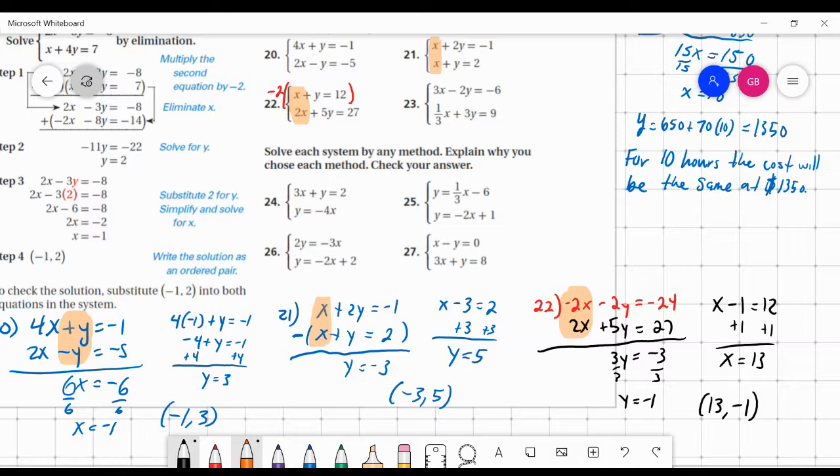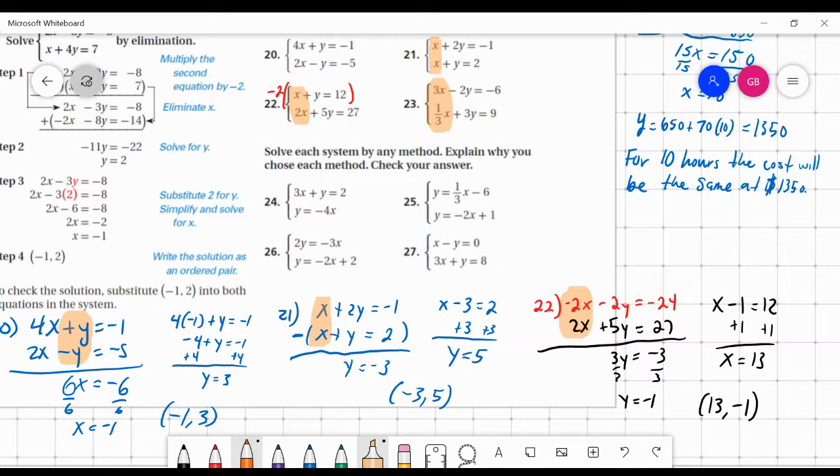Now 23, you have a fraction, but don't be discouraged. Actually, I'm going to get rid of that fraction. 1/3 times 3 will give you 1.